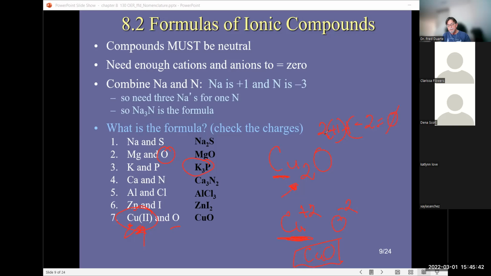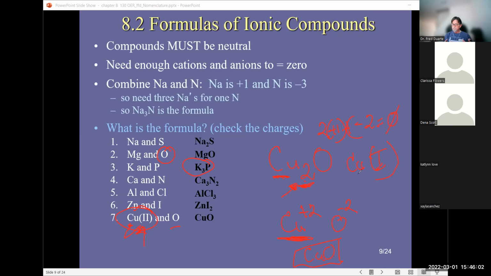So I'm working with copper Roman numeral 1. Does that make sense?